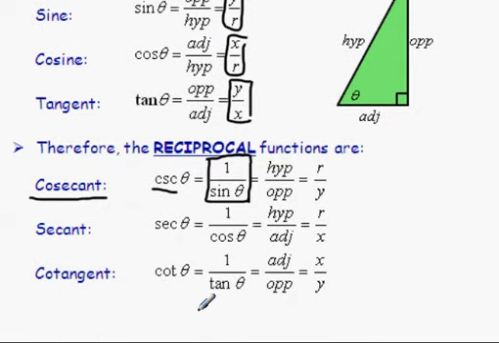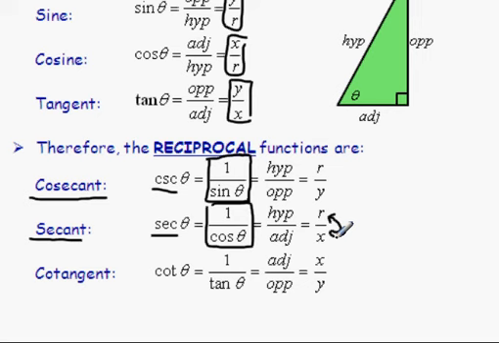Okay, the reciprocal of cos, so you look here, this is 1 over cos. Okay, that's the reciprocal of cos. We call this the secant. Okay, and we use the short form SEC. And you'll notice here, all we've done is we've switched our regular x over r to r over x. So we've just switched our numerator and our denominator.